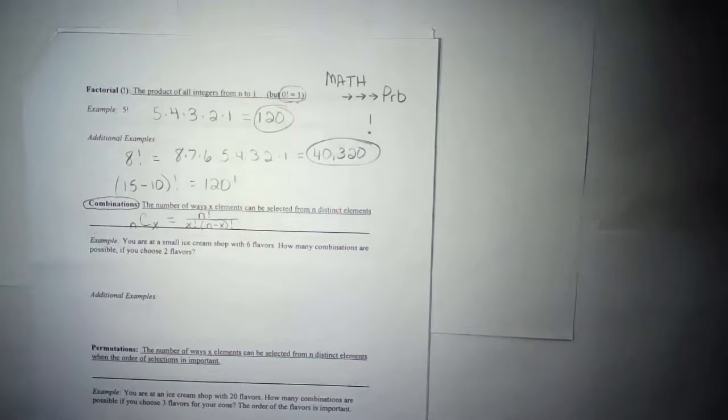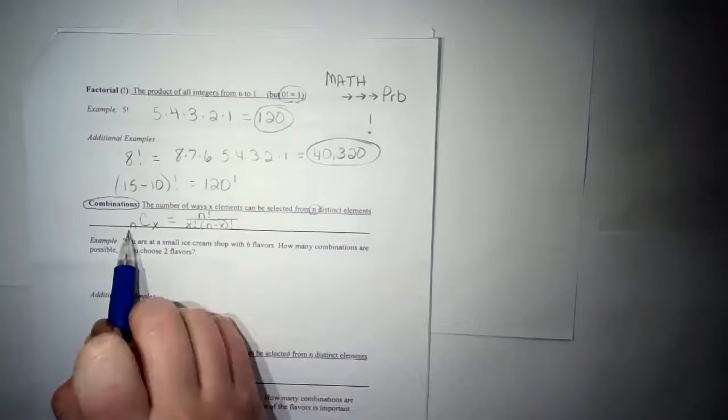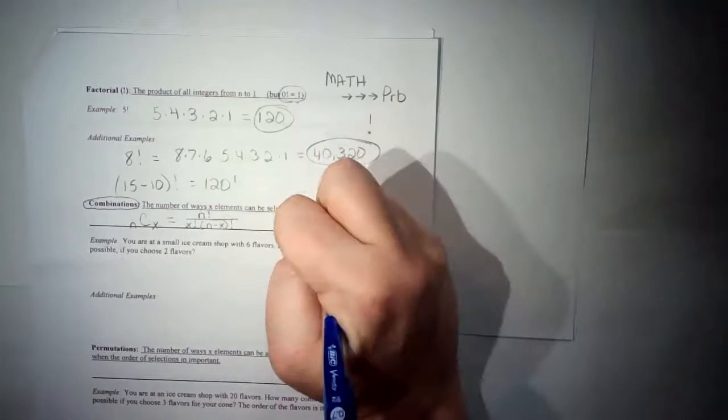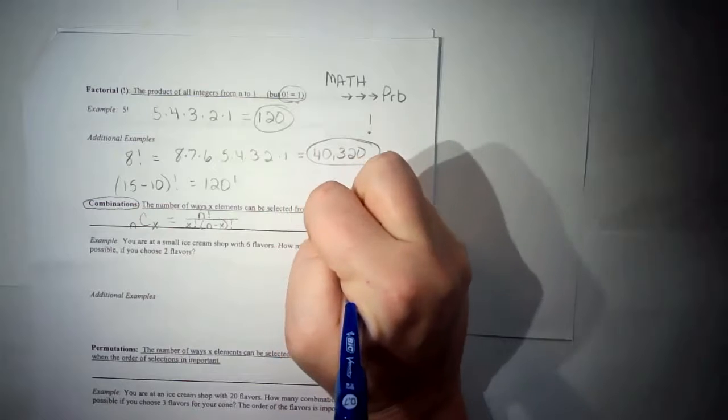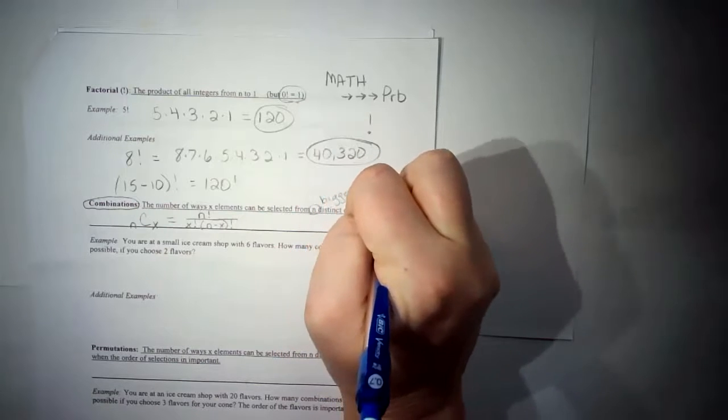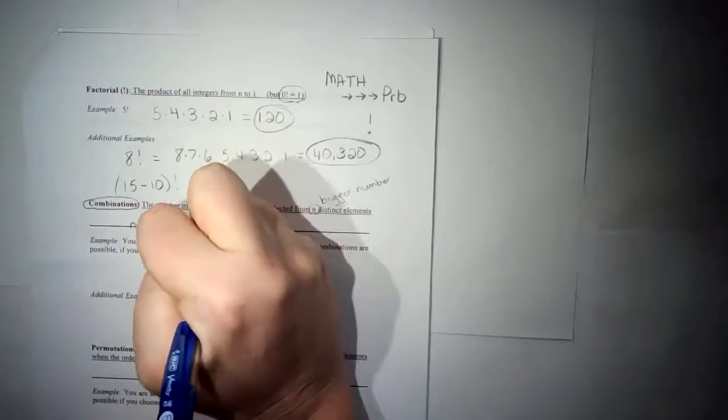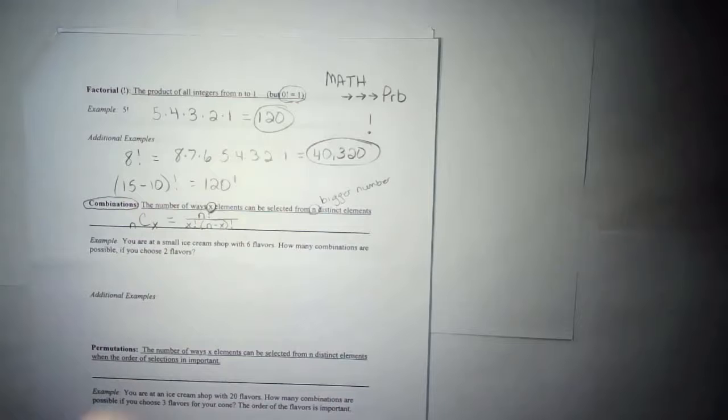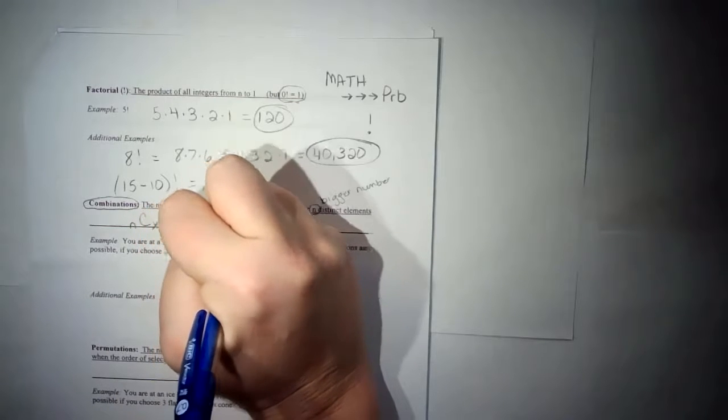Okay, your calculator already has a combination button built in, so you don't even need to know that. You're going to go right to your calculator. Let's talk about it a minute. So n, the number you see first, is the bigger number. Okay, x, the number that's to the right, is the smaller number.